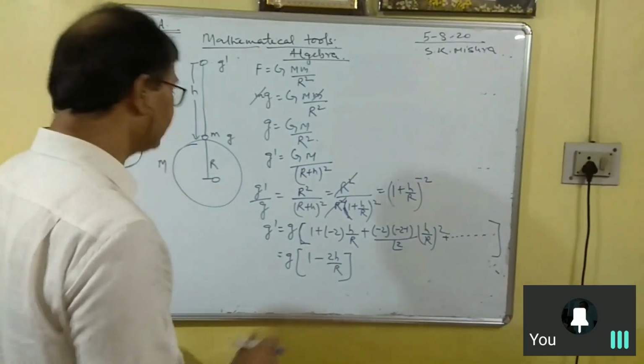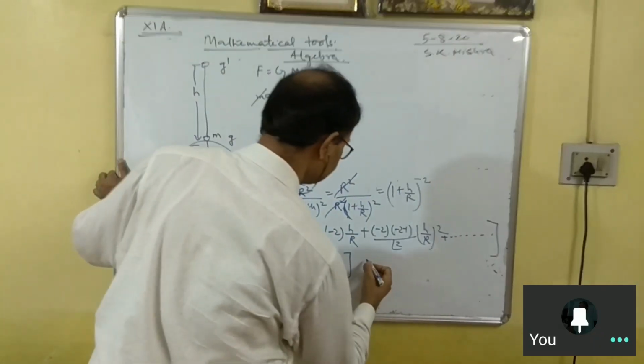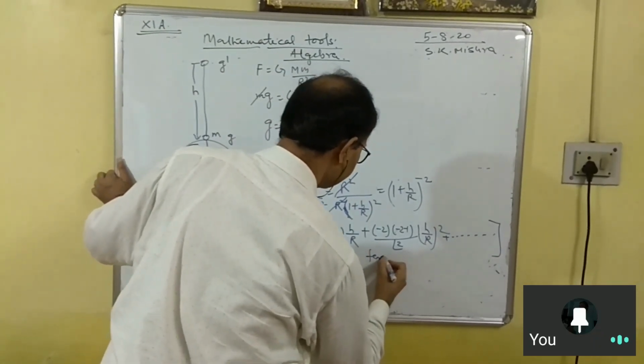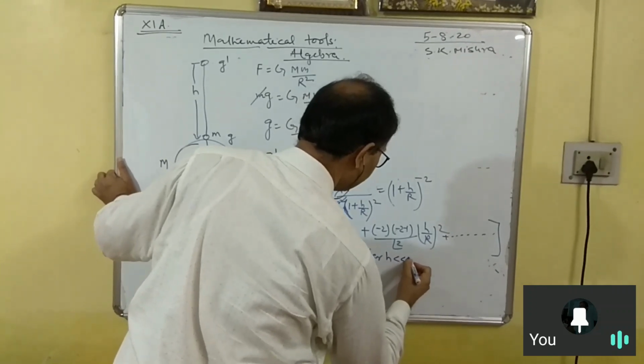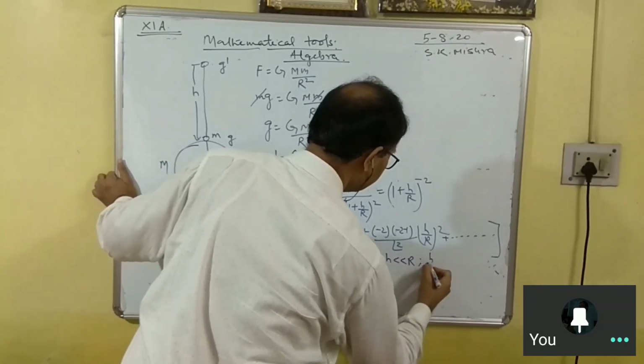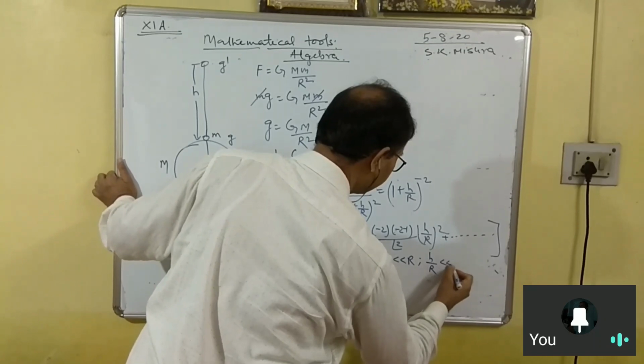So you have to write, since h is very, very less than r, h by r is very, very less than 1.